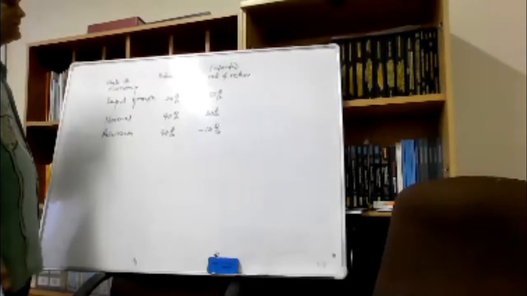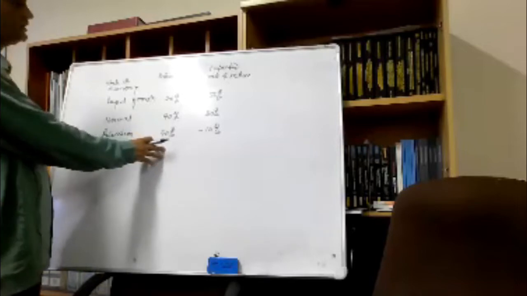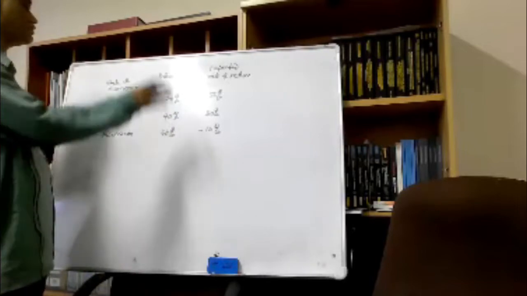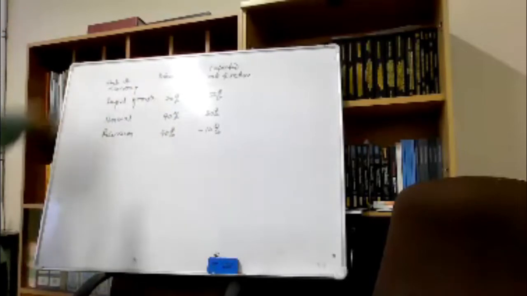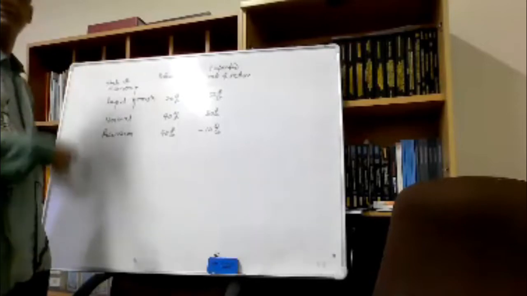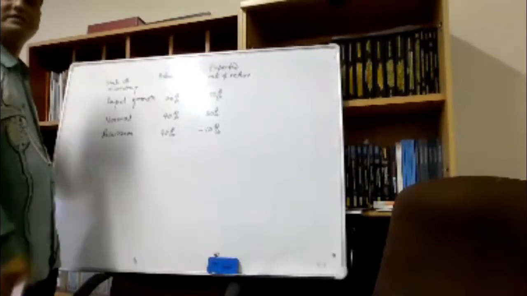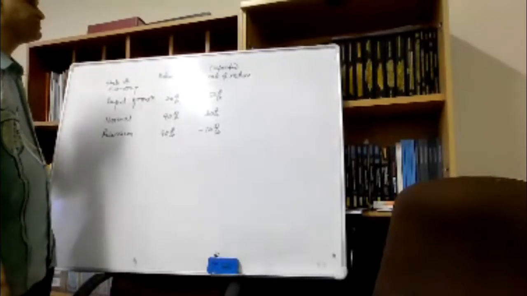So the first thing that we have to do is to calculate the expected return from this project, because we do not know which one is going to happen. It may be in the recession, the economy could be in the normal situation, it could be in the rapid growth. So we take into account all of that, because the business is not something short term, it's something long term that we think of, right? When you start a business, we think that the business is going to continue forever.